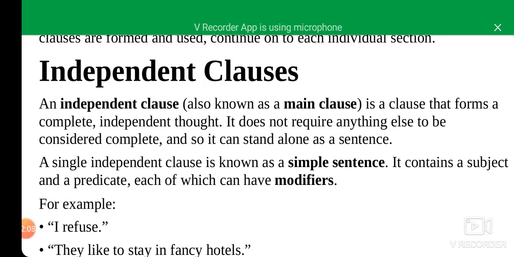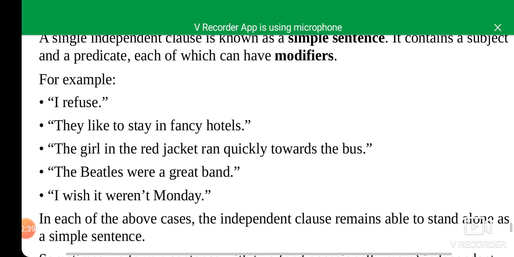In other words, it is a type of sentence which has a subject and a predicate, and it can give its complete meaning without taking help from any other sentence, from any other clause or any phrase. It is an independent clause because it stands on its own and it conveys its message without taking help of any other sentence or a phrase.